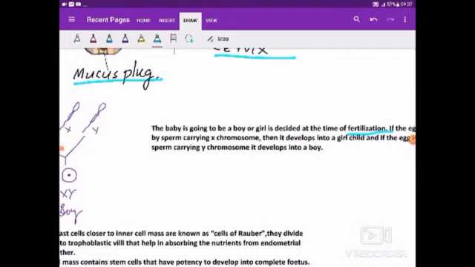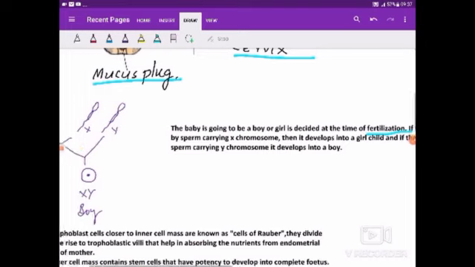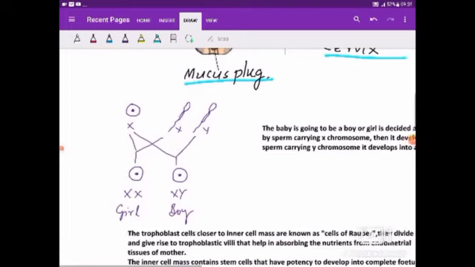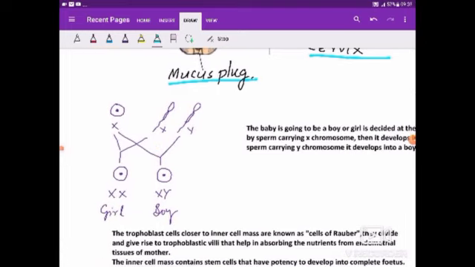We know that the sperms produced by the human male are of two types, one carrying the X chromosome and another carrying the Y chromosome. Therefore, the father is responsible for the determination of the sex of the child.